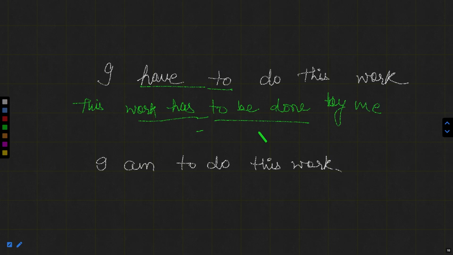Okay, this work has to be done by me. Or I am to do this work: am is present tense, so the present tense of be is is, so this work is to be done by me. To do will be converted into to be done. So this will be the correct structure of the sentence.